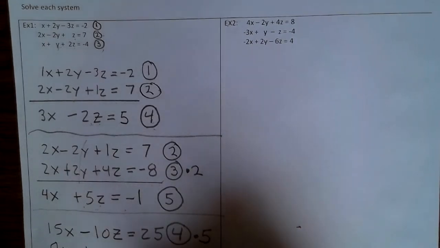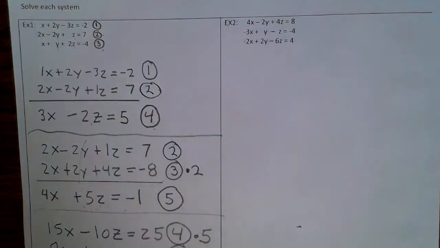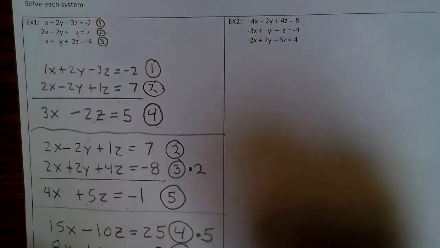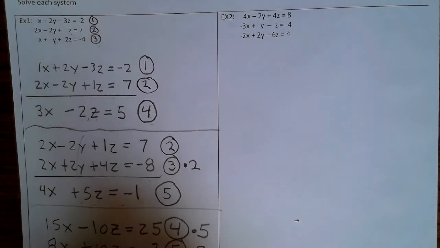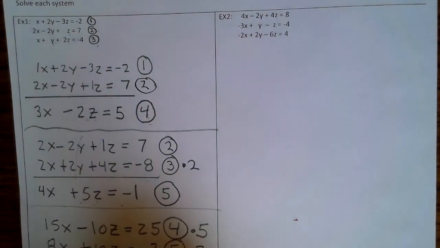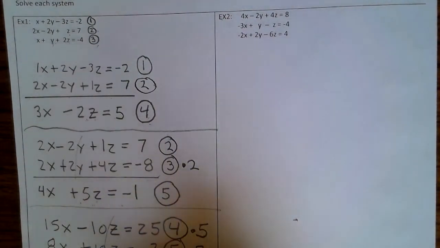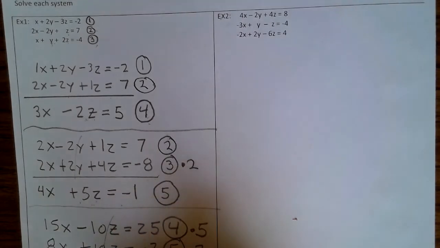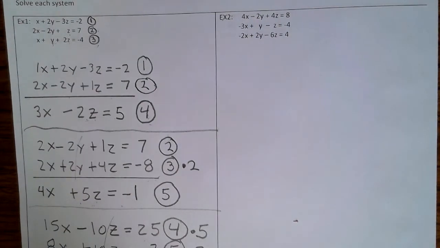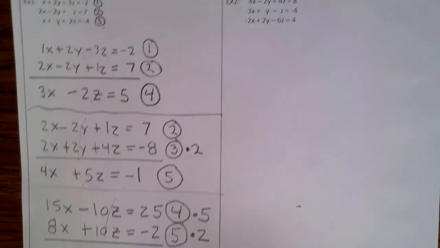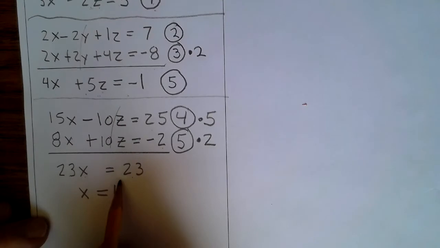And this is equation 5 times 2. Okay, 15 plus 8 is 23x. These cancel, equals 25 minus 2 is 23. Well, we know that 23 divided by 23 is 1, so x equals 1.